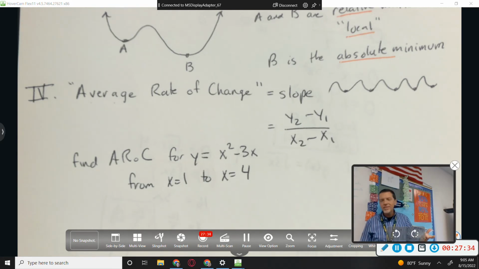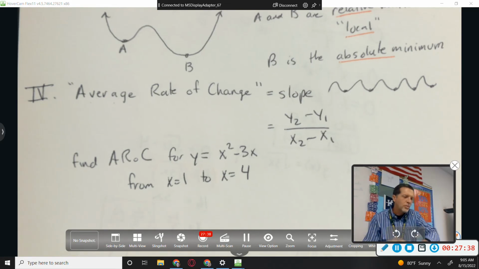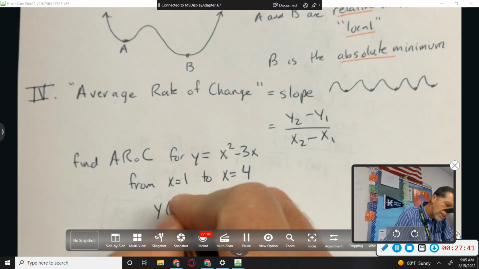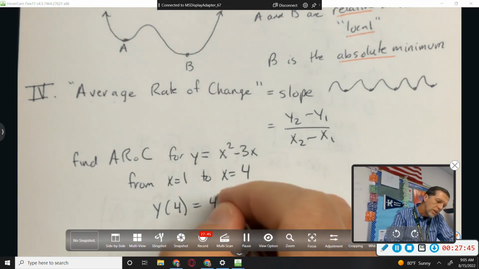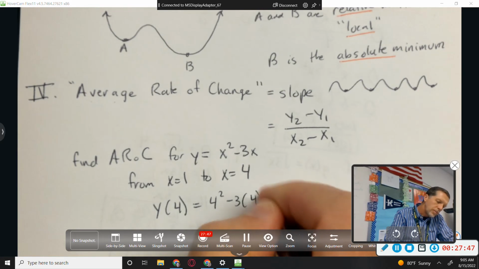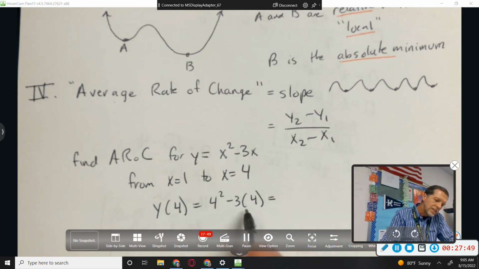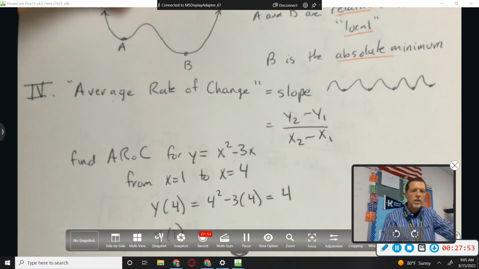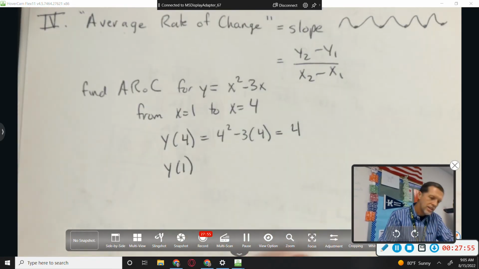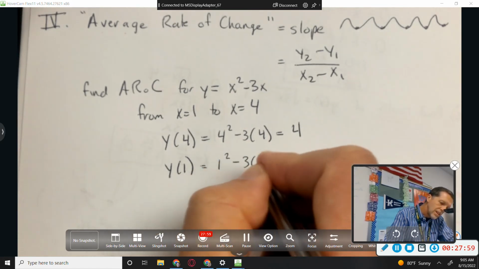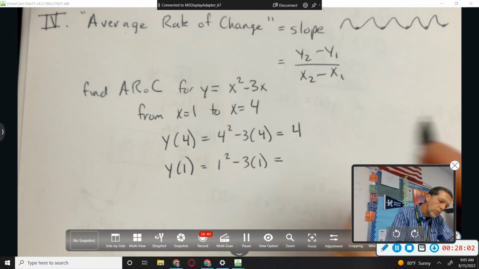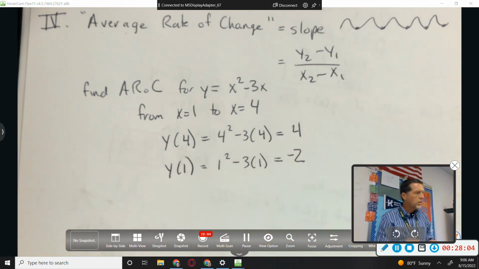This is just like you did it in algebra. You get a point, and then you use the slope formula to find the slope. So you've done this before. Well, let's do it again. So y of 4, let's plug in 4. 16 minus 12 is 4. y of 1, let's plug in 1. 1 minus 3 is negative 2.